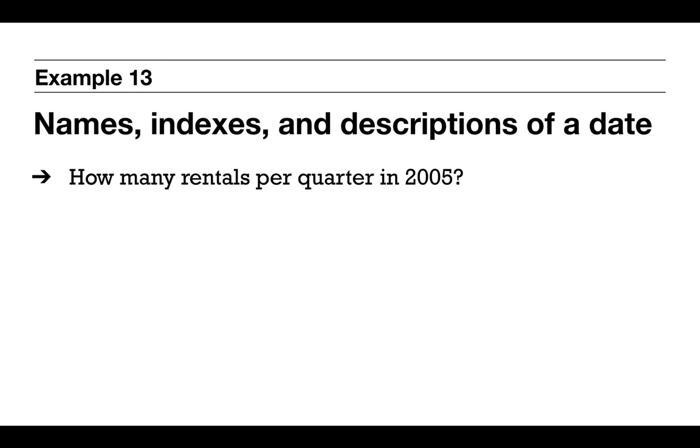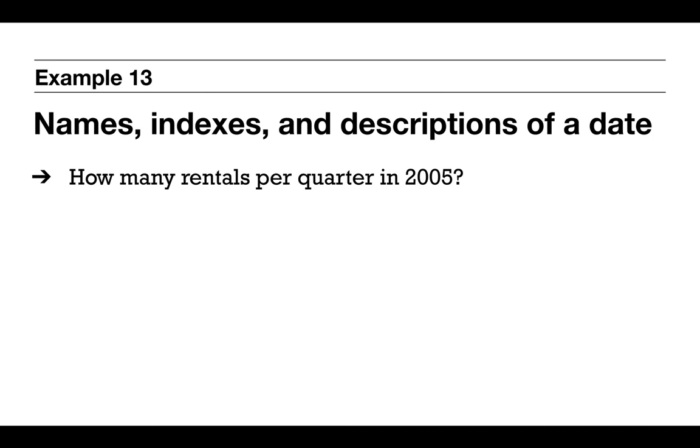We can use these functions in the same way how we use the DATE function to group by the number of rentals per day. So we did the DATE on the rental date to group it based on the day of the month for, I think it was August 2005.